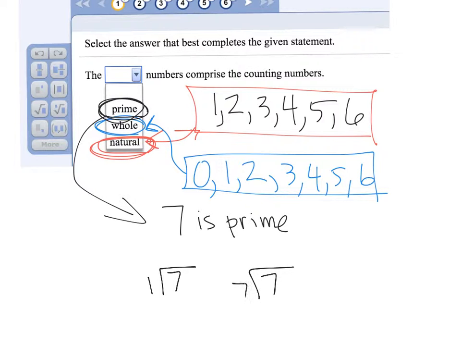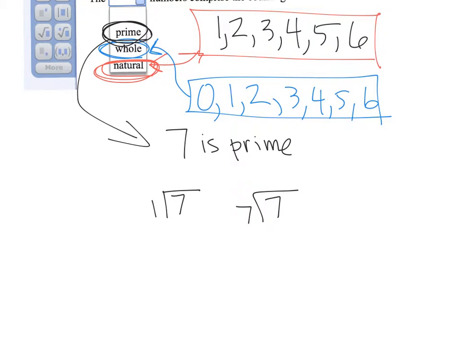Those are the only ways that 7 can be divided. Another way to write that would be 7 divided by 1, and 7 divided by 7. So a prime number is a number that's only divisible by 1 and itself.